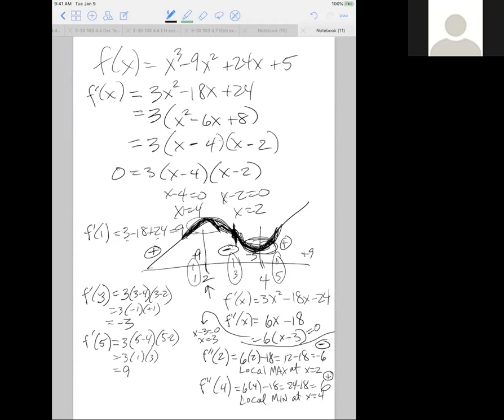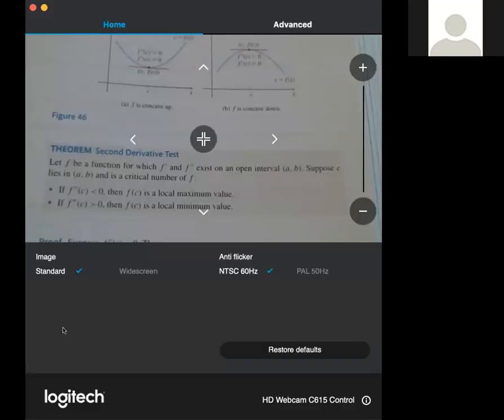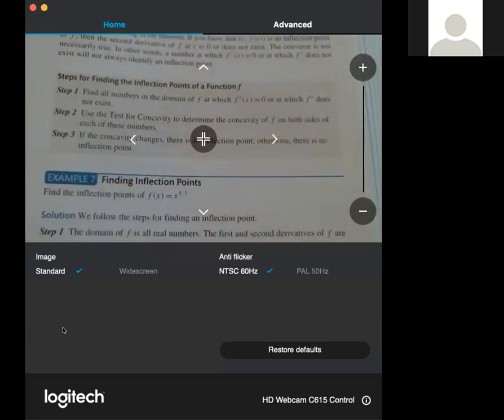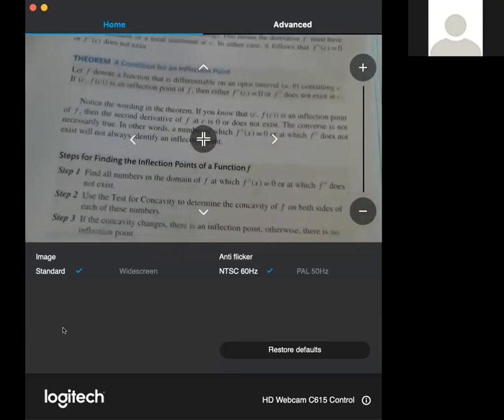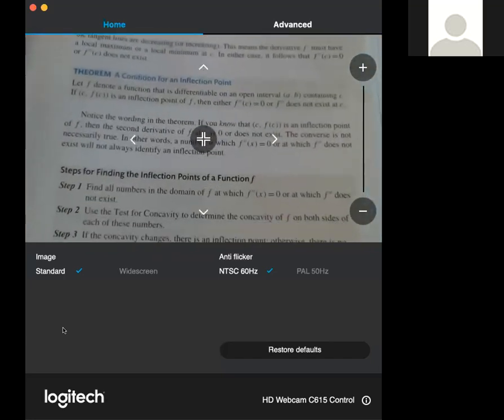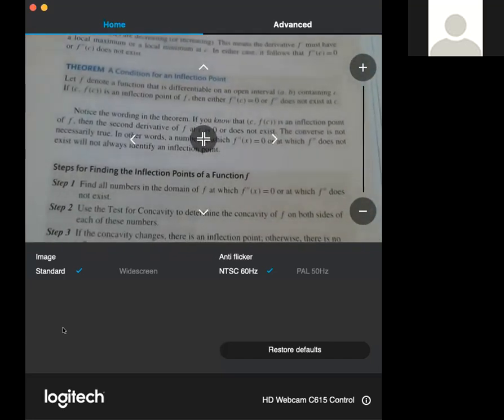Let me put this back on the book for a second and show you this definition. That's the second derivative. If we go back one more page, we have this situation going on. Notice the theorem statement up there at the top: a condition for an inflection point.